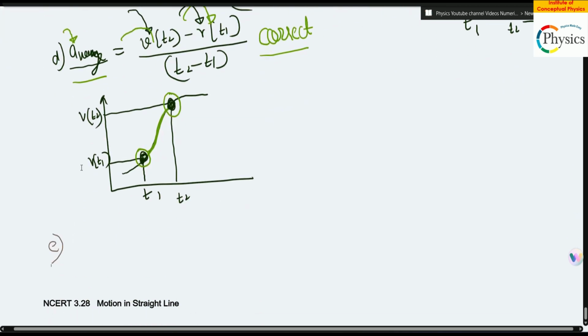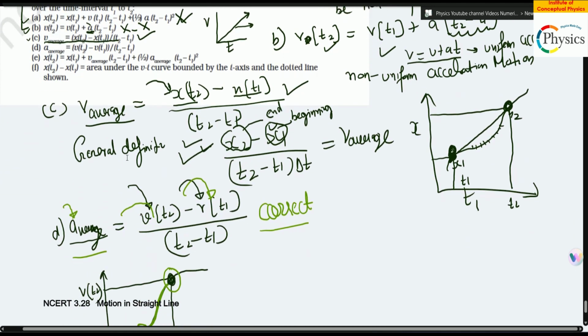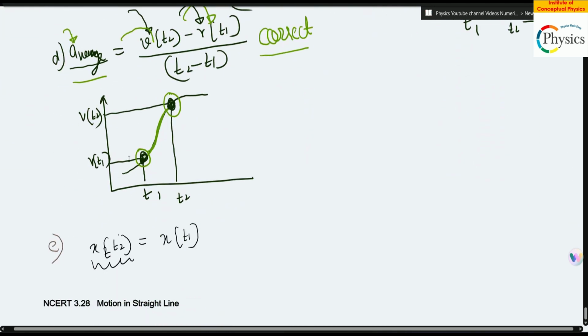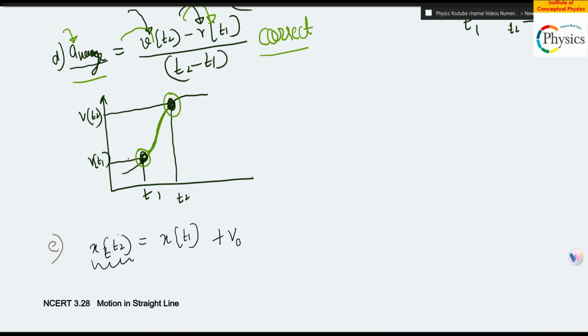So X at the final position, the initial position, and then it talks about the V average into the time.